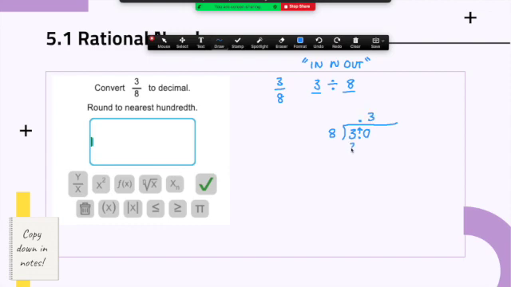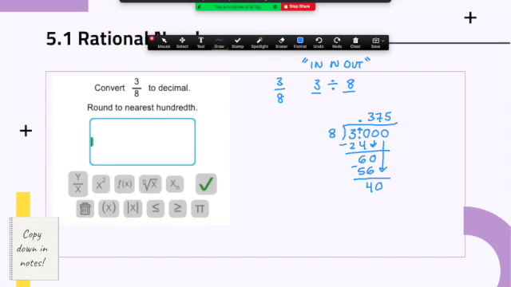If I use 3, I get 24. And then 30 minus 24 equals 6. I'm going to bring down another 0. I could use 7. That would give me 56. I'm still subtracting, and I get 4. Bring down another 0. Now I'm left with 40. So I get 5. So 5 times 8 equals 40.